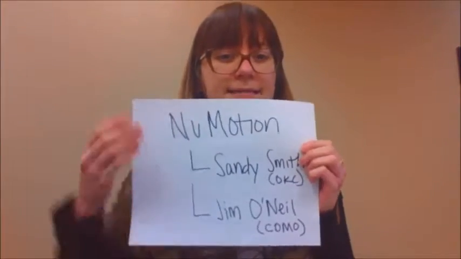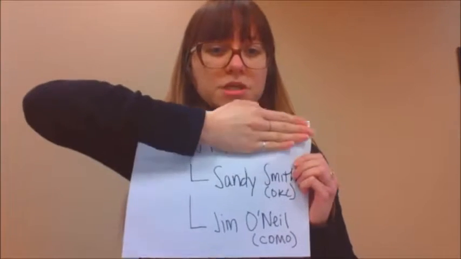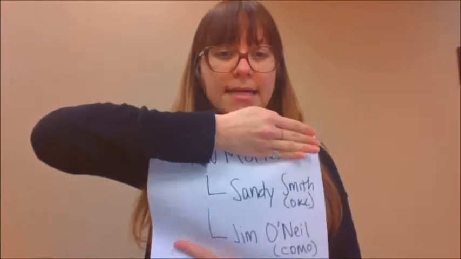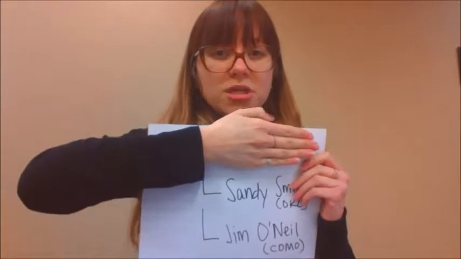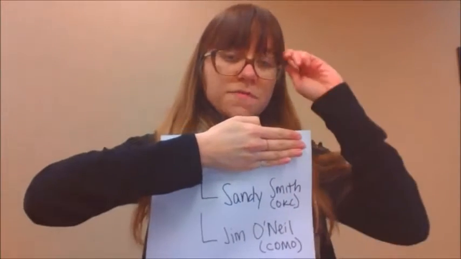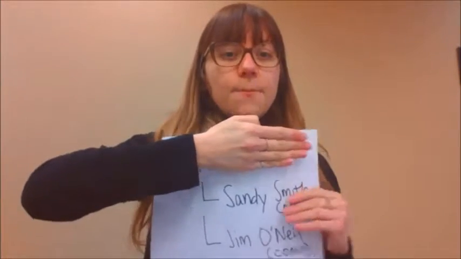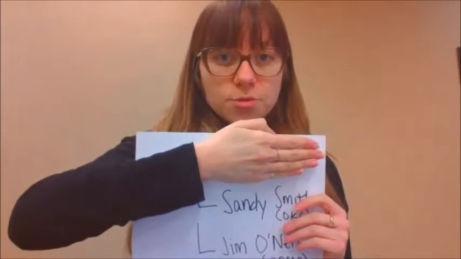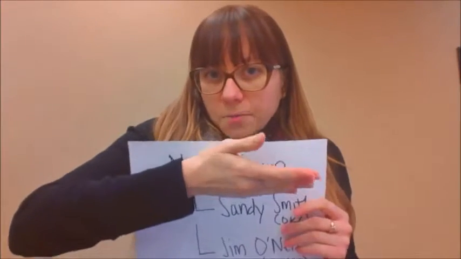So what would happen is I don't get New Motion in the new system. I just get Sandy and Jim and where they're located, but I don't know that they're attached to New Motion right away. Now we'll have extracts and stuff available for you to identify other things, but you wouldn't necessarily right off the bat know that they were attached to New Motion, which is potentially a problem, right?